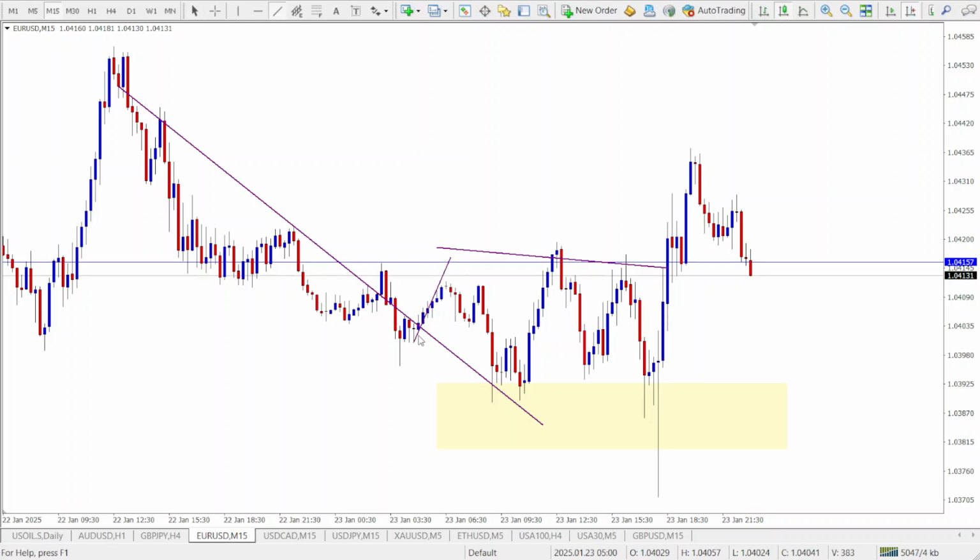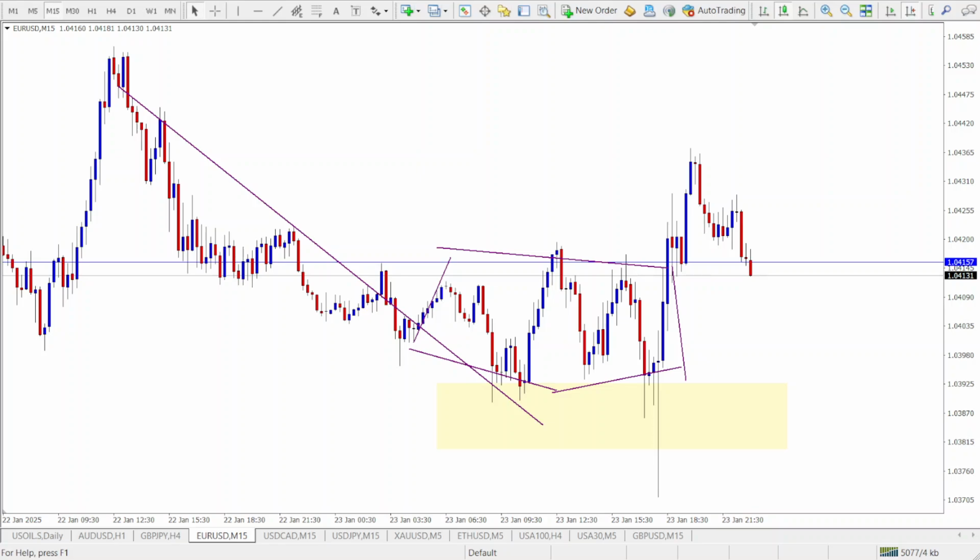We had quite a wide consolidation around this zone before we had a breakout to the upside, and now probably a retest around this zone. But the buyers are dominating this zone. That is the reason why we refer to it as a demand zone.